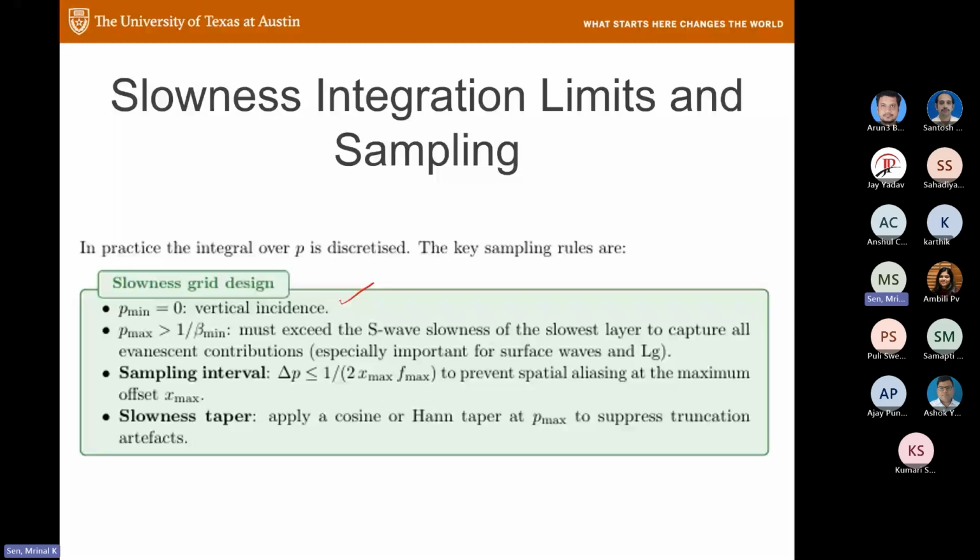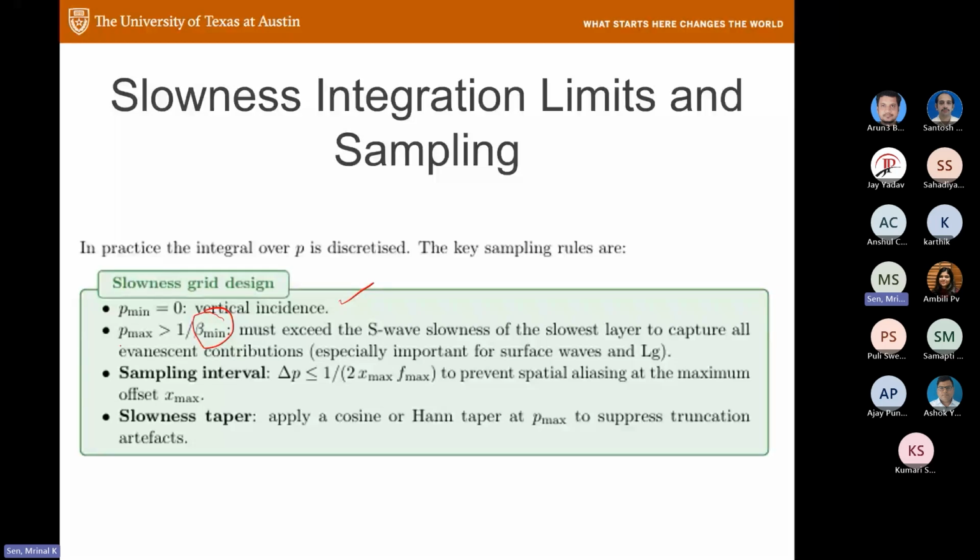And you can choose the p max value to be 1 over the slowest velocity in the medium. Of course, in the elastic medium, your shear wave velocity is the slowest, so you take the minimum shear wave velocity. But in reflectivity calculation, you don't have to choose this p max.